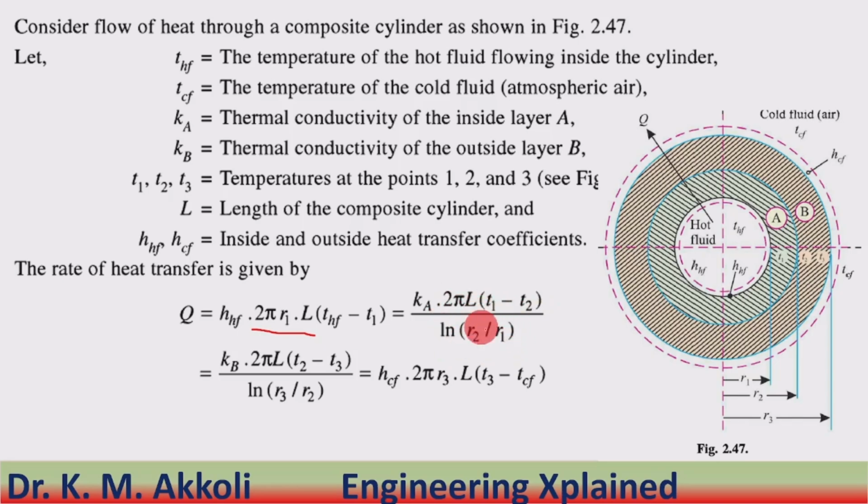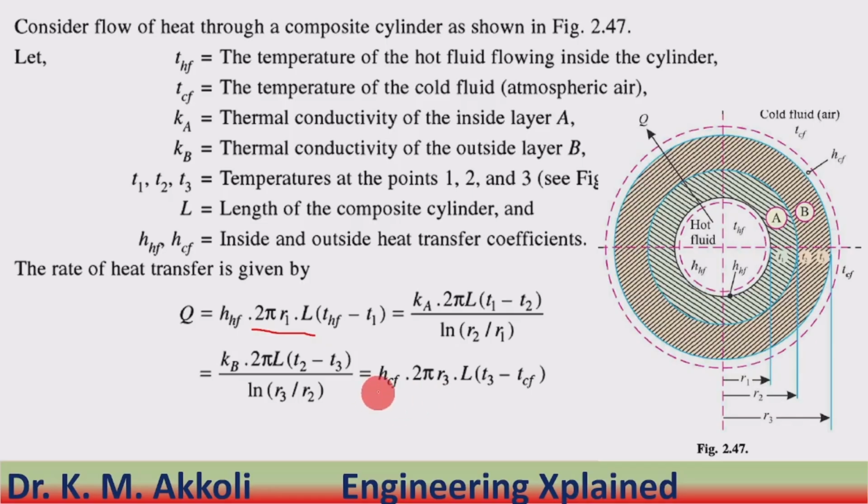This is the conduction heat equation for the first layer. And for the second layer, it is Kb into 2 pi L, T2 minus T3, the temperature of the inside surface and outside surface of the second layer, by ln R3 by R2. This conduction equation we already know, derived using the Fourier law of conduction, the heat conduction equation for one dimensional heat conduction through cylinders.